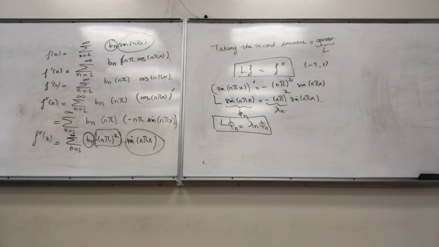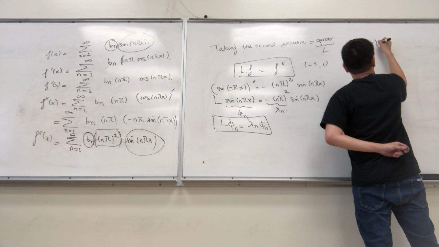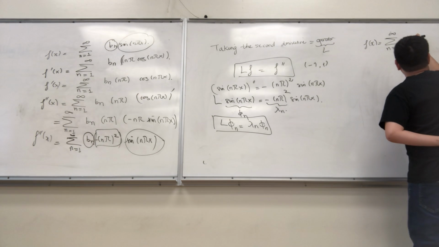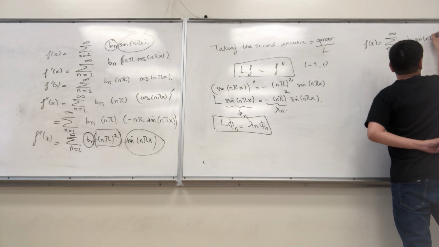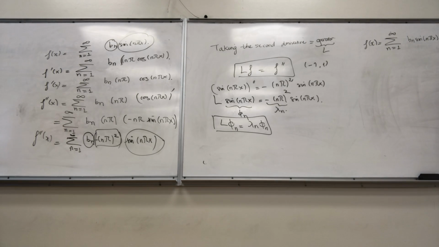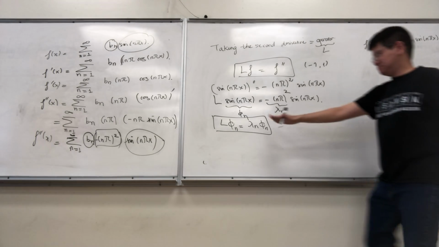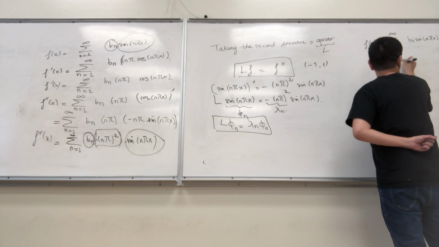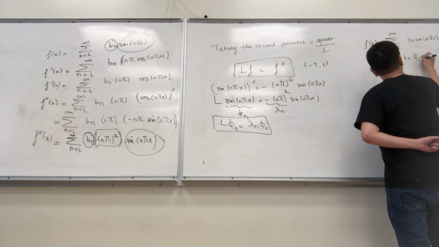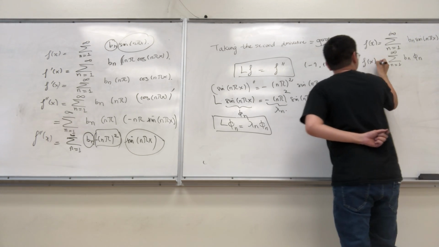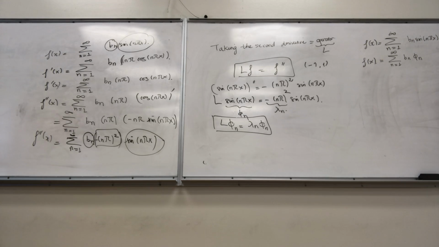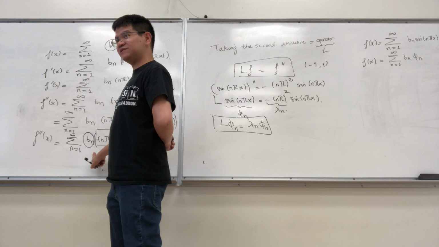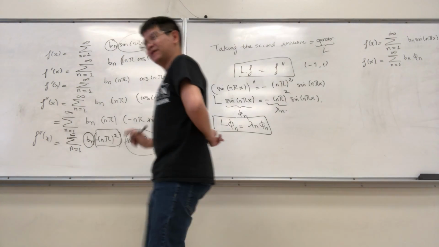So now I have to go back to that formulation. I have f of x is the sum, when n is going from 1 to infinity, of bn sinus of n pi x. This I just name phi n. So this will give me the sum from n equals 1 to infinity of bn phi n. All right. So what I found here is that when I take the second derivative, I get lambda n times phi n, right?